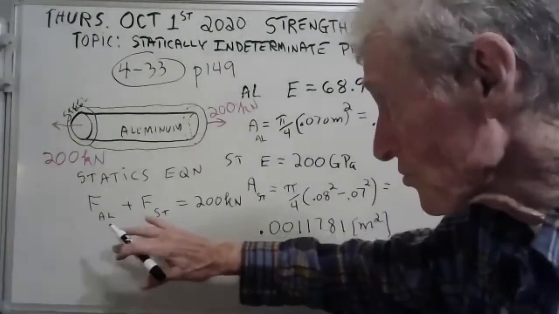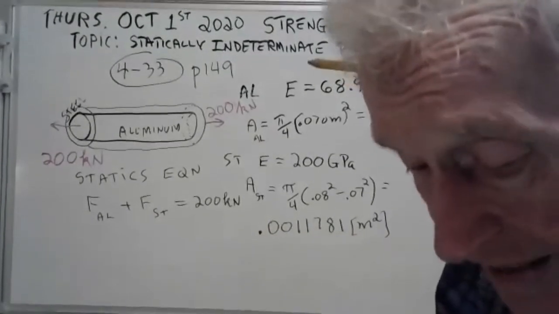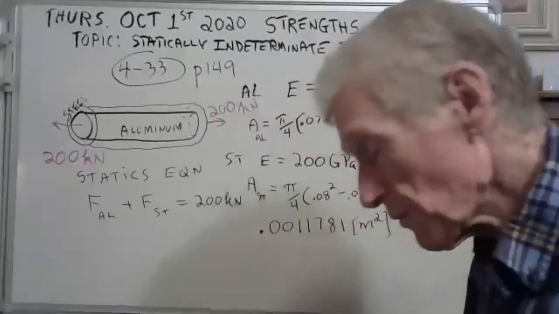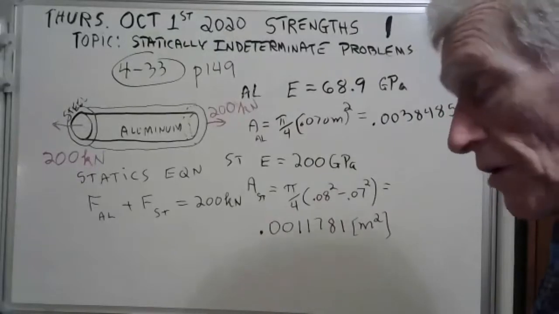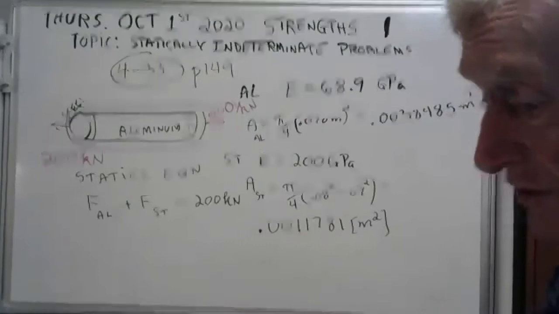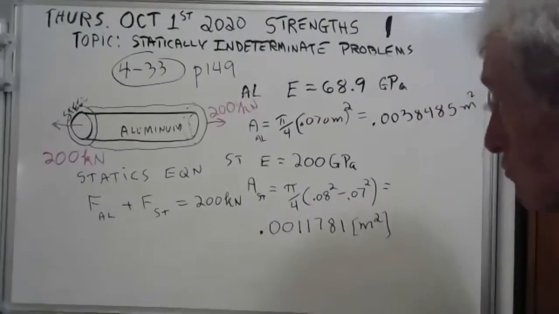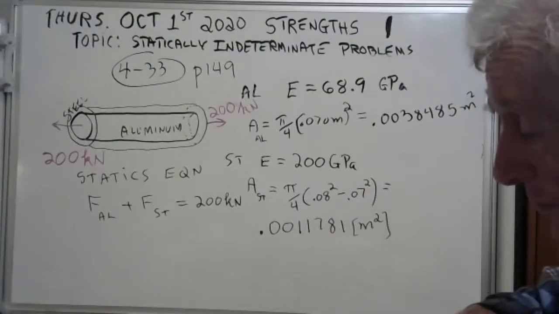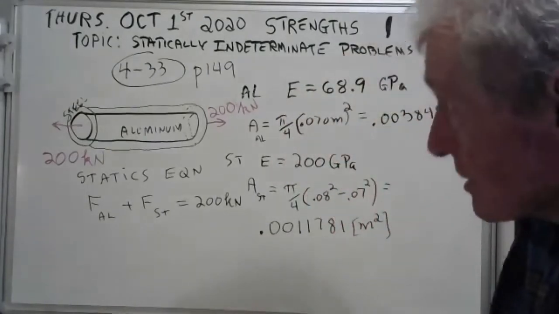But you can't solve that, not with statics alone. But see, we're in strength of materials. And you can solve that with something we call the compatibility equation. In this case, the compatibility equation is real easy.